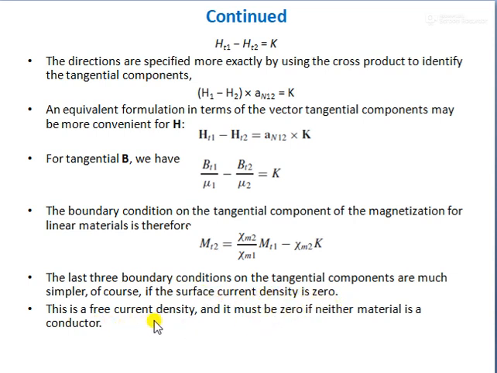This is the free current density, and it must be 0 if neither material is a conductor.